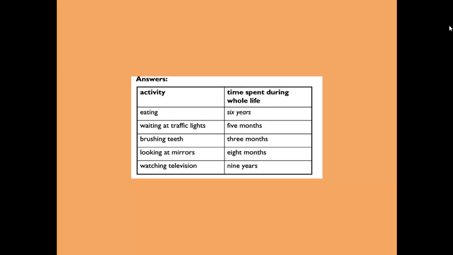The total time spent during the whole life is: eating for 6 years, waiting at traffic lights for 5 months, brushing teeth for 3 months, looking at mirrors for 8 months, and finally watching television. It lasts for 9 years, and it is a very disastrous thing.